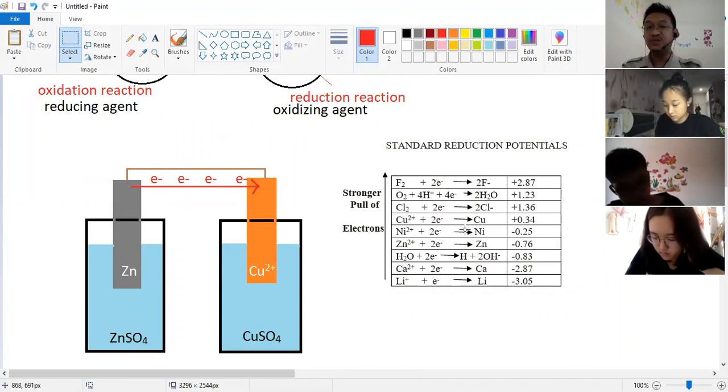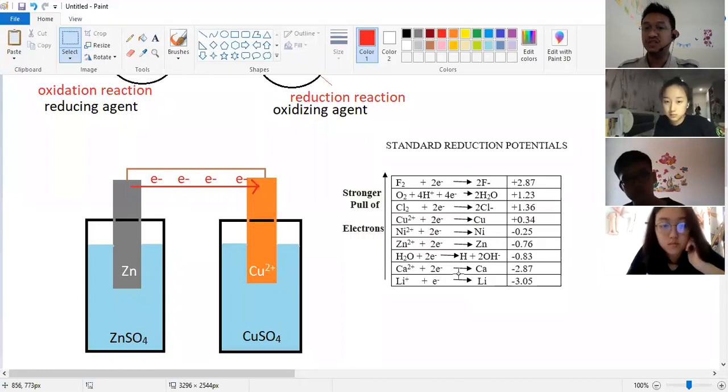This is the reason why copper is the one pulling the electron and not the zinc. I have here a table of the reduction potentials of some ions or substances. The substances are arranged according to increasing potential to pull electrons.